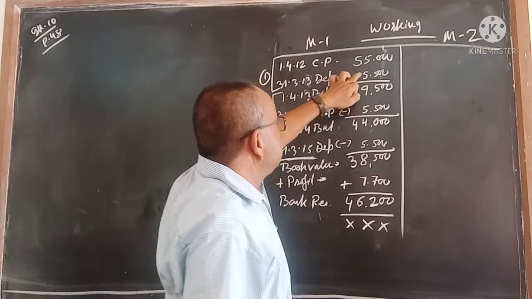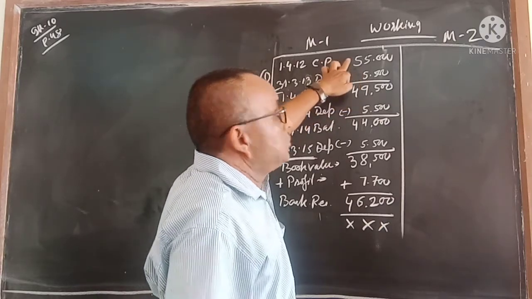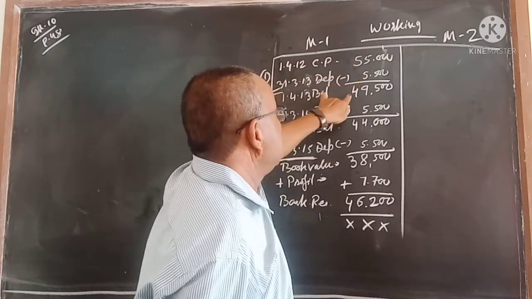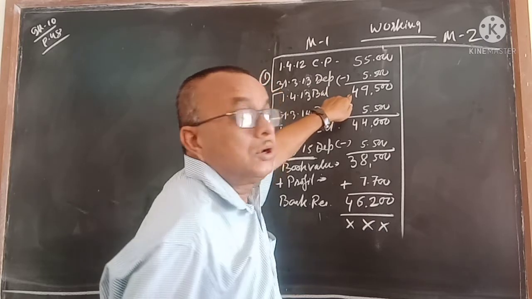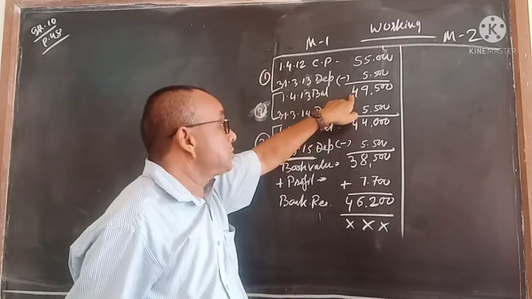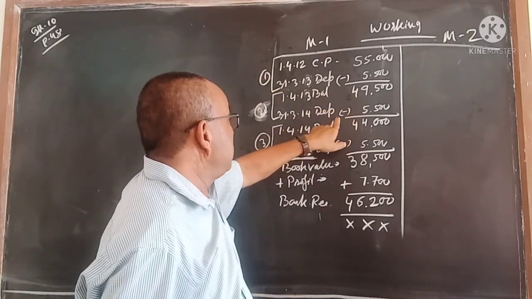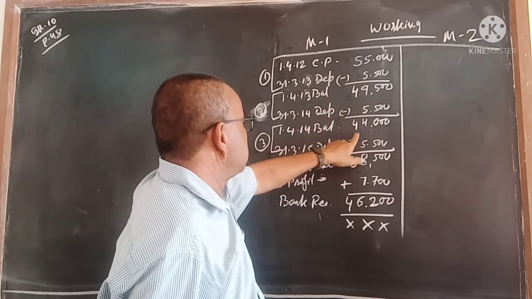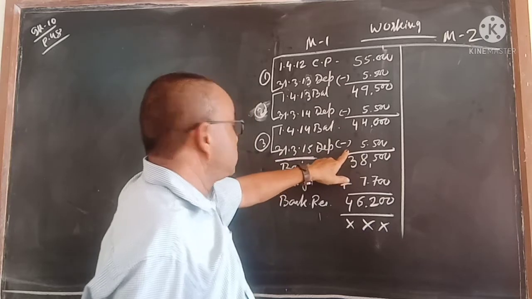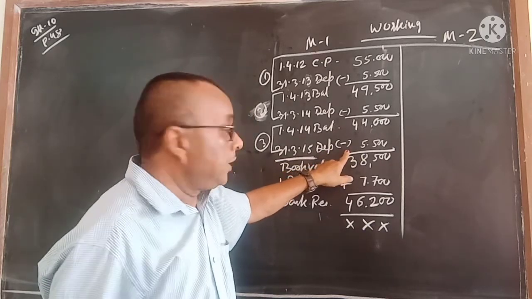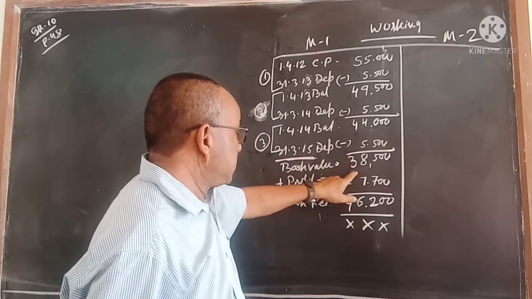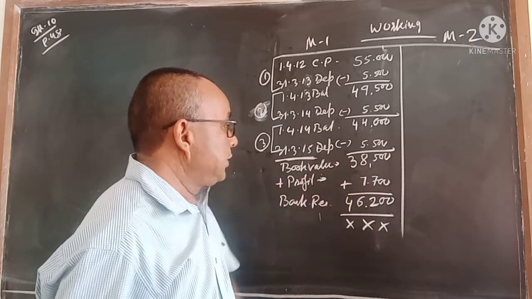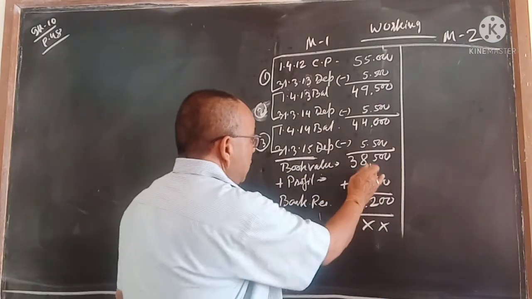After charging depreciation 5,500, which is 10% of 55,000, you are getting 49,500, which is the opening balance of the second year. Second year again you charge the depreciation 5,500, and you are getting the opening balance of the third year. Third year again you charge the 5,500, and after charging depreciation you are getting 38,500, which is the book value.